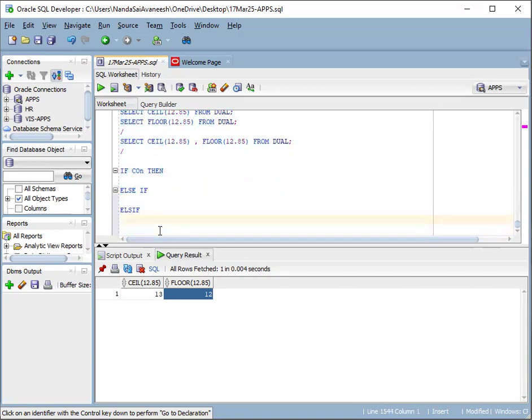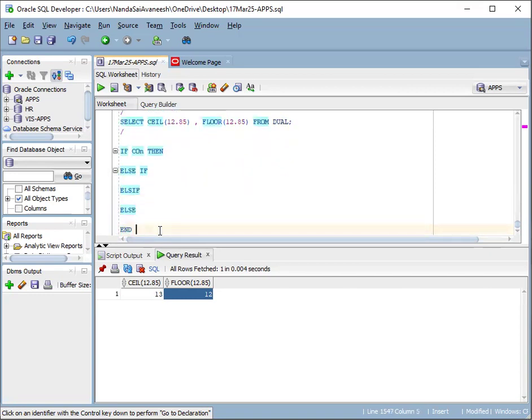So here the else part will be there. When you are using the if condition, you execute some statements, else you execute others. Normally in other programs, else if is written as ELSE space IF, but in Oracle you have to use ELSIF.